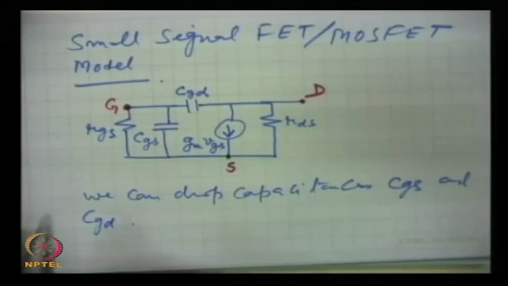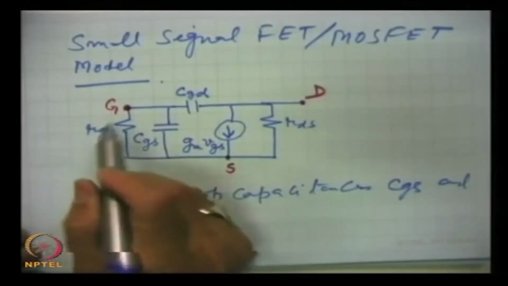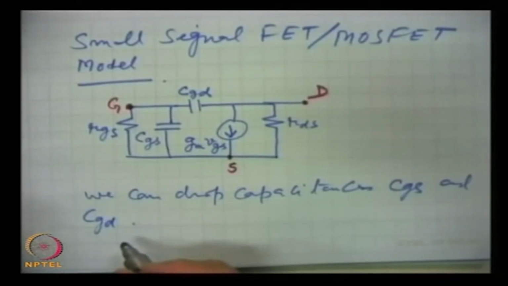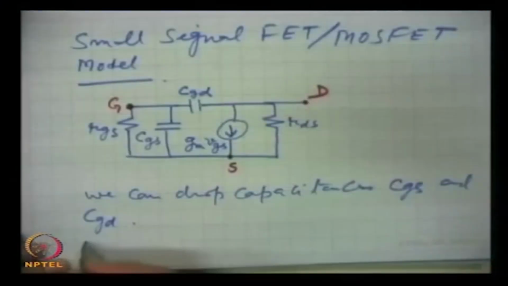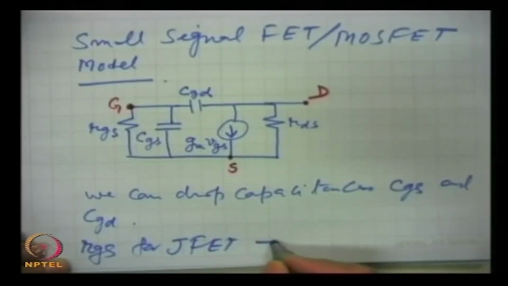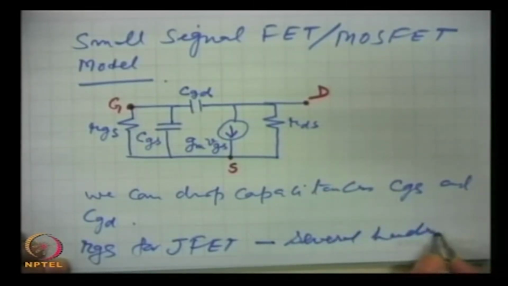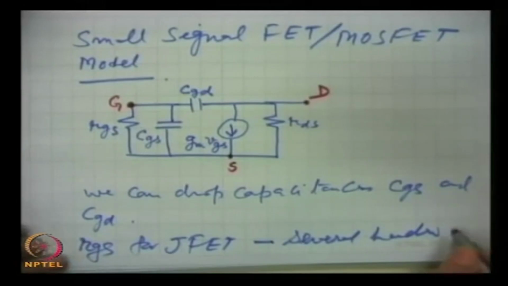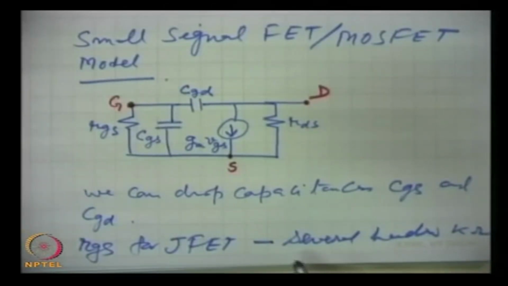Also, this resistance RGS between gate and source is very high. For JFET, this is several hundred kilo ohms, and for MOSFETs at least 2 orders of magnitude higher. So, this resistance can also be taken out.